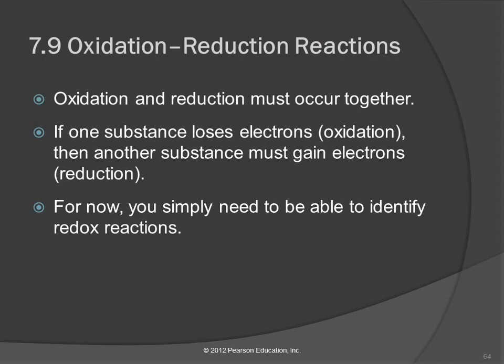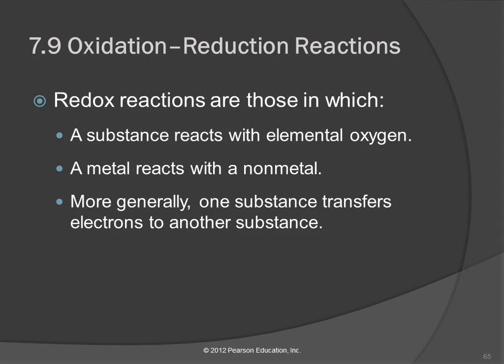For now, all we need to be able to do is identify, is this an oxidation-reduction reaction? So this is what we're going to learn: a substance reacting with elemental oxygen. So you see anything plus O2, redox reaction. If you see a metal reacting with a nonmetal, redox reaction.